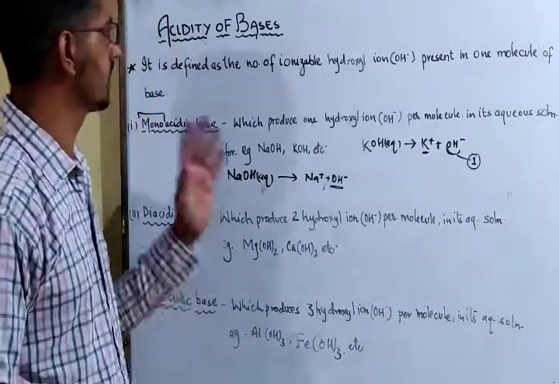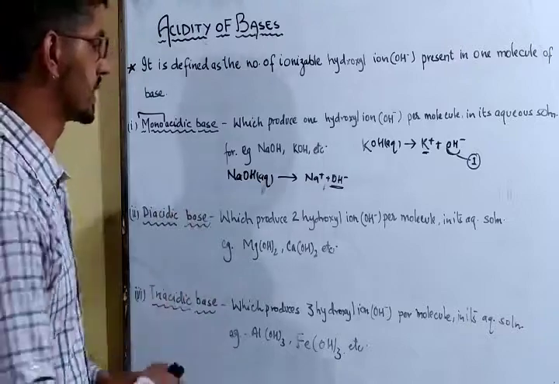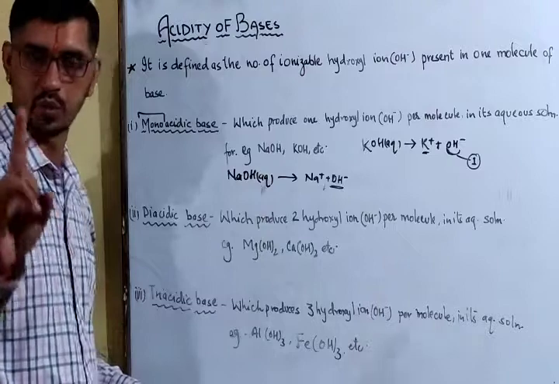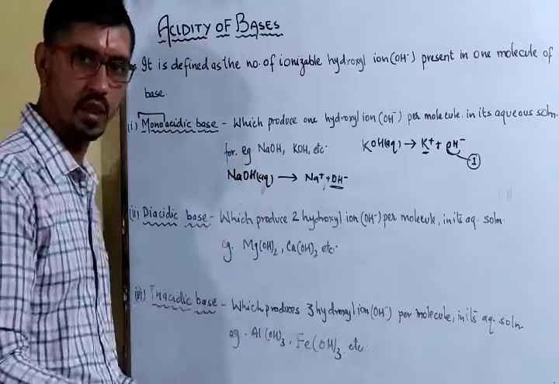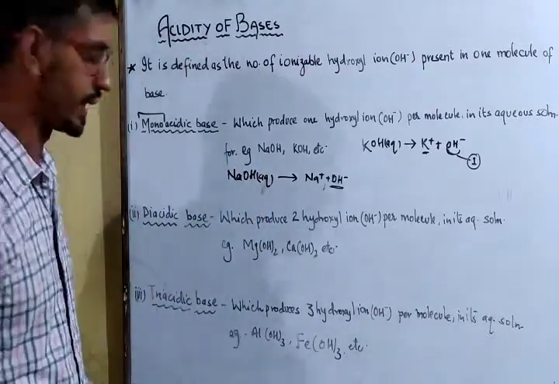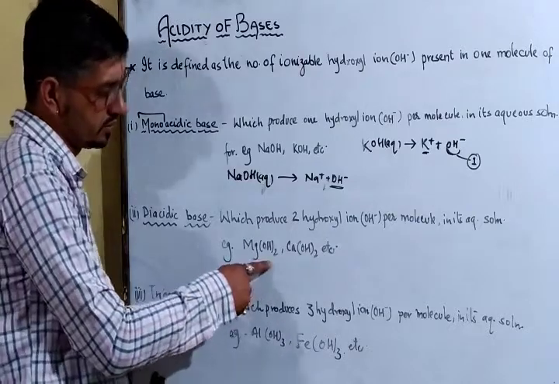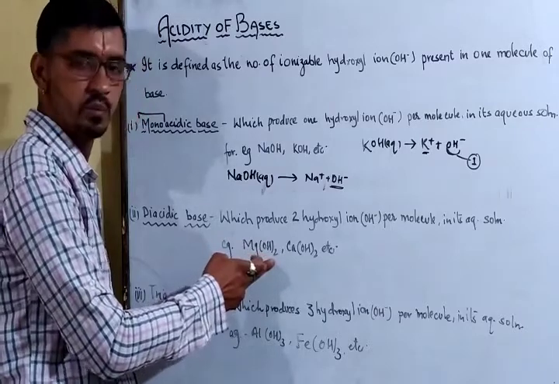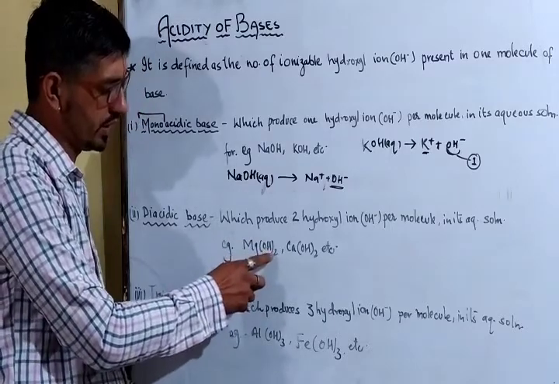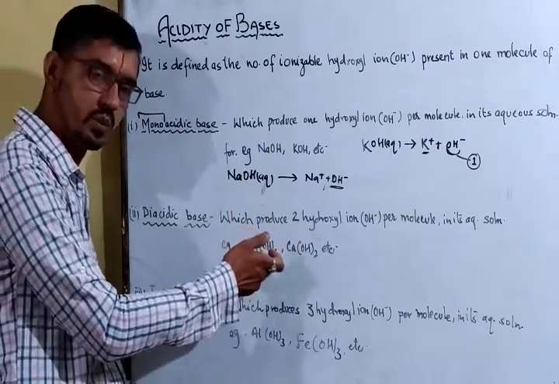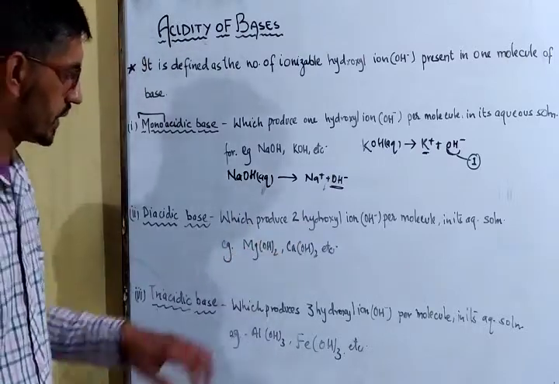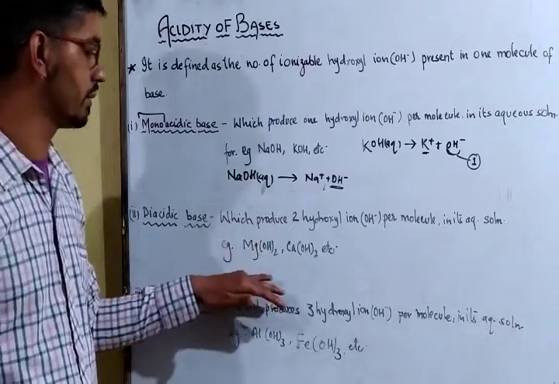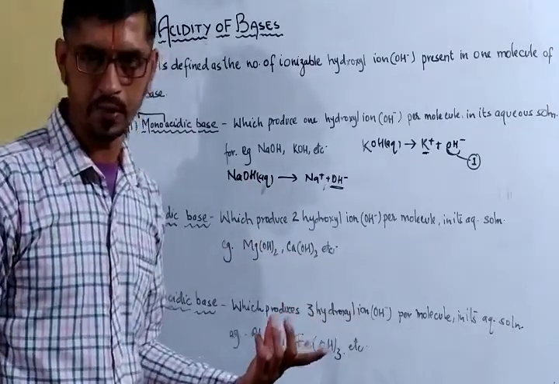So this is all about acidity of bases. The acidity of monoacidic base will be 1. Those having one will produce 1, so their acidity becomes 1 and they will be known as monoacidic. And diacidic, after watching we can say that it is having 2, the OH hydroxyl has a 2 outside, so you can say it will produce 2 hydroxyl ions per molecule of magnesium hydroxide, or you can say calcium hydroxide.